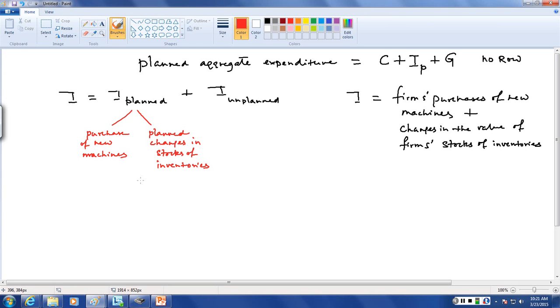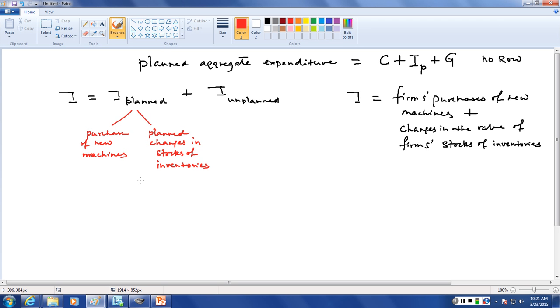Yes? And now we come to the unplanned part of investment spending. Now, sometimes a firm produces a certain quantity of goods expecting to sell it, but in the end finds that it hasn't been able to sell all of it. Now, that happens all the time. Right? It's because the firm's production decisions are based in large part on guesswork. It expects to sell a certain quantity, but in the end it may find that it hasn't managed to sell all of it.